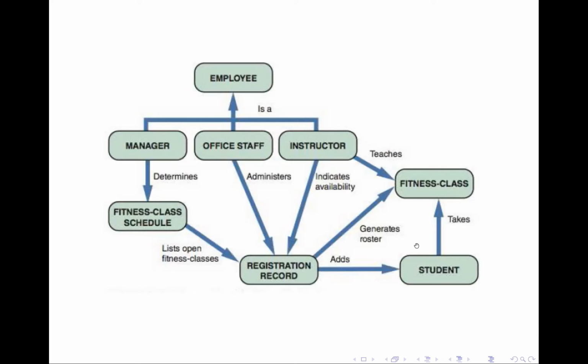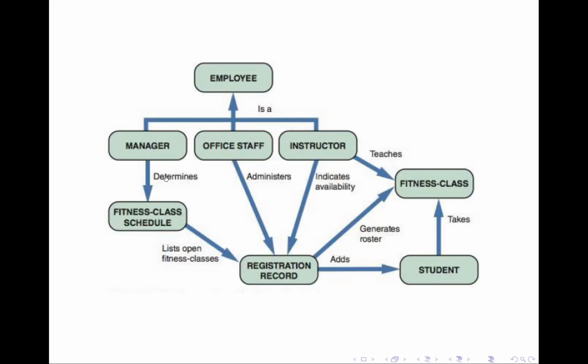And this is for a fitness class. So we have a fitness class, and some students may take the fitness class. Instructors will teach the fitness class. And then the registration record will generate the roster for the class. For the different students, they will have a different roster. And that registration record also adds the students.